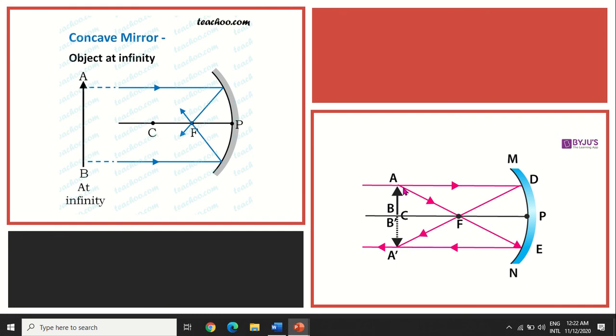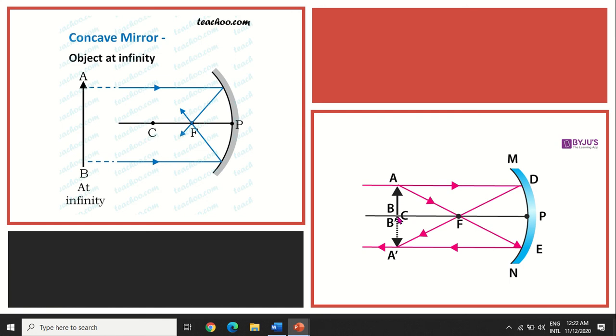And if another ray is incident through the principal focus, after reflection it will be parallel to the principal axis. So the image is formed at the center of curvature. That means here the position of the object is at number 3, that is center of curvature, so the image also will be formed at position number 3.